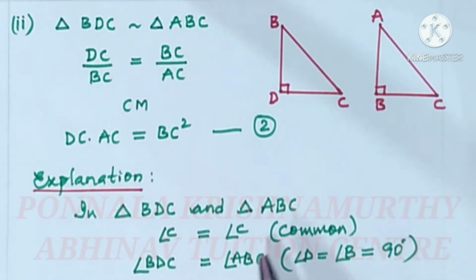When two angles of one triangle are equal to two angles of the other triangle, the third angle of the first triangle is equal to the third angle of the second triangle, since the sum of the three angles should be 180 degrees.